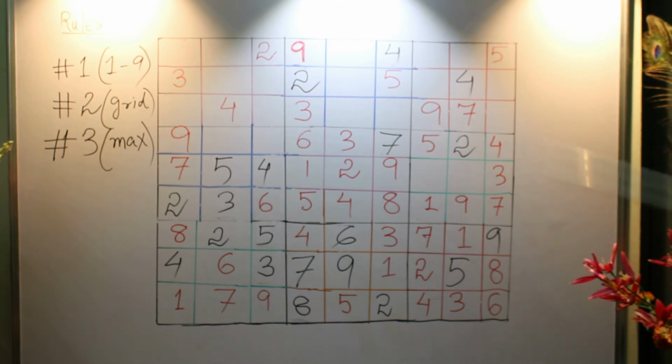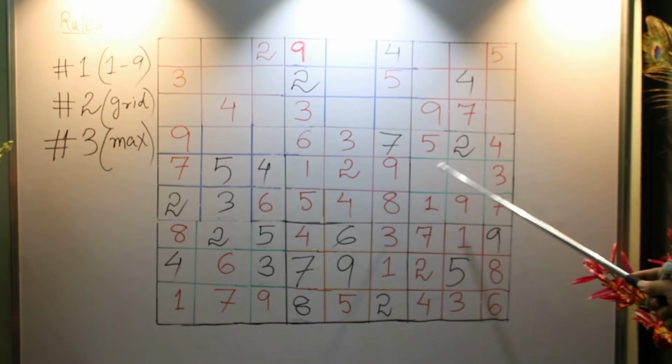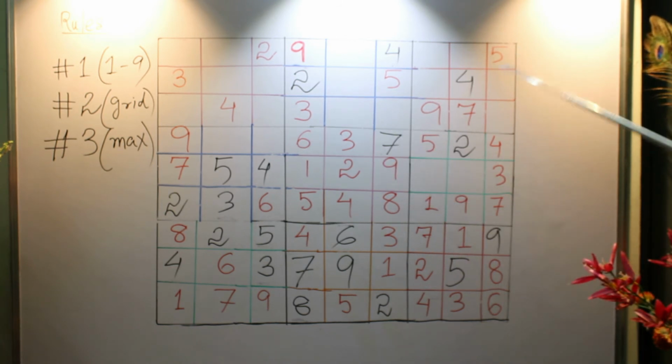Now you see for this column 2 numbers are required, 6 and 8, and also for this row 2 numbers are required, 6 and 8, as there are no clues as of now. So keep these two things, we can check it afterwards.